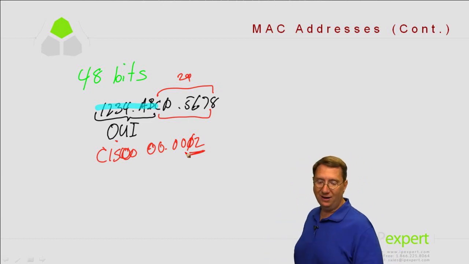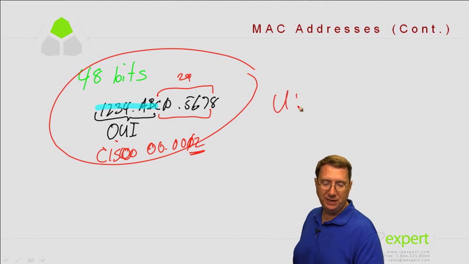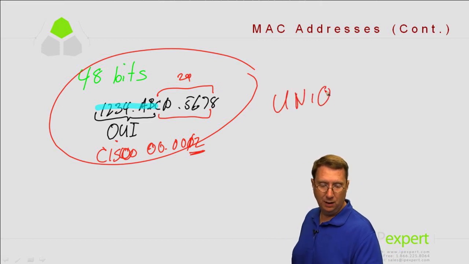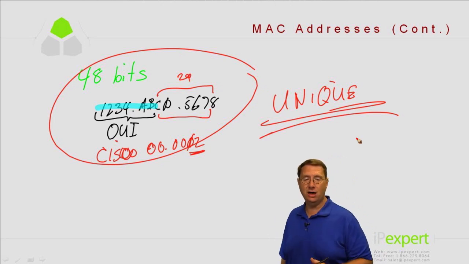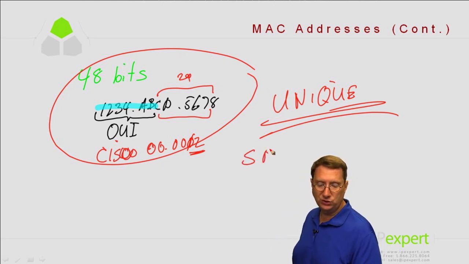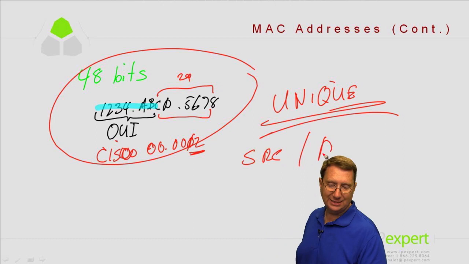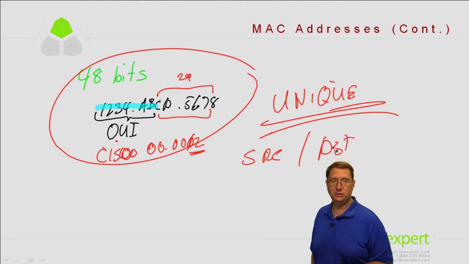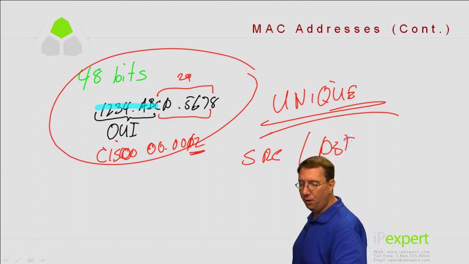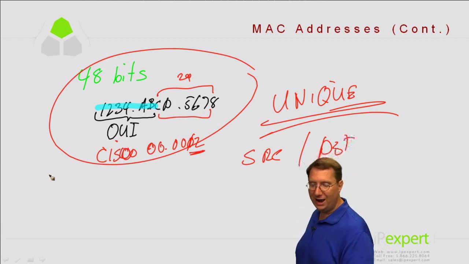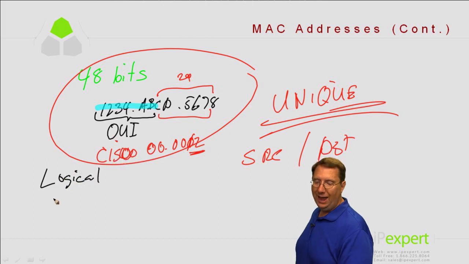Now, recognizing the fact that this number must be unique in our infrastructure, and the fact that it is unique allows me to use it as my source and my destinations for all of my frames that I'm going to be sending throughout the network. Now, the other part of this also is that we still have that idea of our logical addresses and our physical addresses.